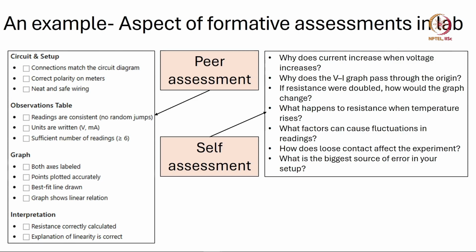For example, if this kind of a checklist is given to the peers, wherein they are seeing, as far as circuit is concerned, if the connections match the circuit diagram or not, if correct polarity is there in all ammeter and voltmeter or not, if the wiring is neat and safe. Okay, so whatever is there in their peer group's circuit arrangement, they will basically check it.